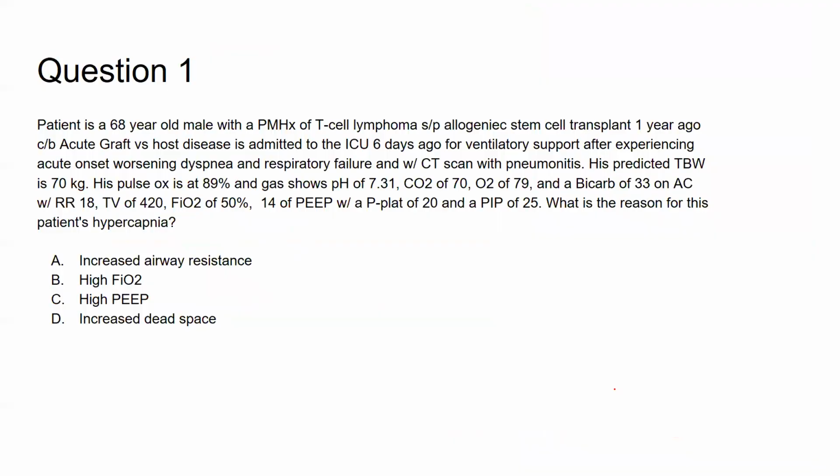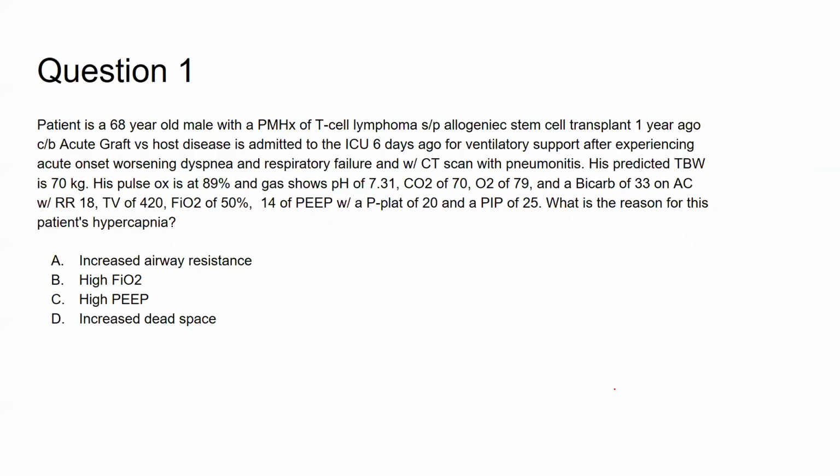So this patient is a 68-year-old male, past medical history of T-cell lymphoma, status post allogeneic stem cell transplant 1 year ago, that was complicated previously by acute graft-versus-host disease. He was admitted to the ICU 6 days ago for ventilator support after experiencing acute worsening of his dyspnea and respiratory failure, and CT scans show that he had pneumonitis. His predicted total body weight is 60 kilograms. Pulse ox is 89%.